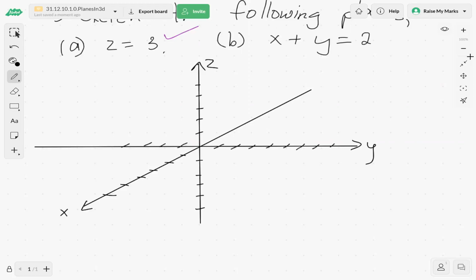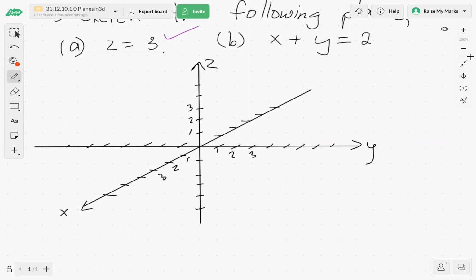Now we're going to graph this line. 1, 2, 3, there you go. Let's pick a color and graph the line x plus y equals 2.